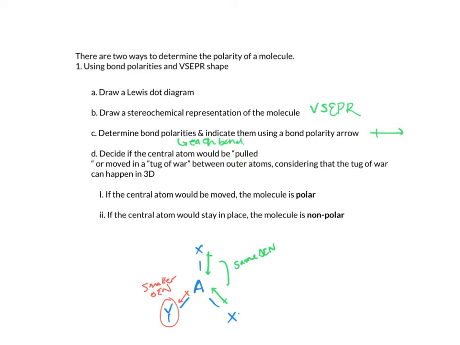And then we have this one, and if it's connected to A, it's pulling this way. So in general, A will move, and we can say that this is a polar molecule. If something doesn't have any bond polarity arrows, maybe it's a nonpolar bond all the way around, it's nonpolar. And we'll see some instances maybe where they cancel out.